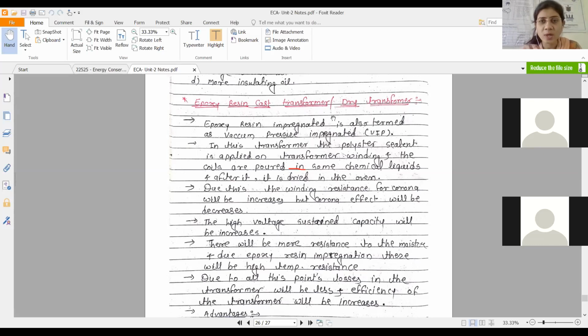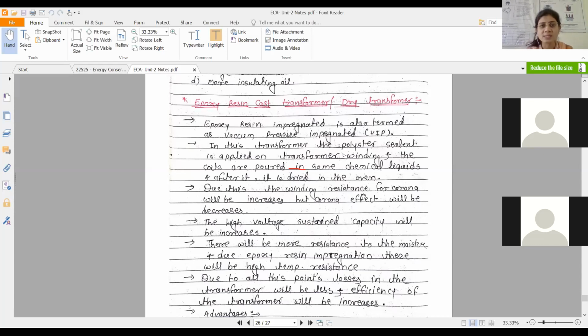So insulating oil cannot be used in this type of transformer. Only high pressure air is uh, इंजेक्टेड. ओके, तर हाय प्रेशर देऊन हे जे काही इपॉक्सी रेझिन आहे तो इपॉक्सी रेझिन इम्प्रिग्नेटेड इज ऑल्सो टर्म ॲज द व्हॅक्यूम प्रेशर इम्प्रिग्नेटेड. ही जे काही प्रेशर आहे तर ती हाय प्रेशर त्याच्यामध्ये फील केली जाते.